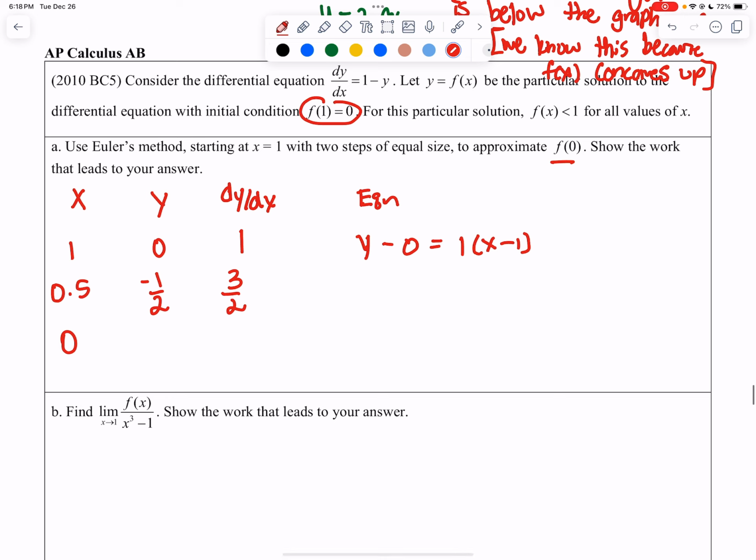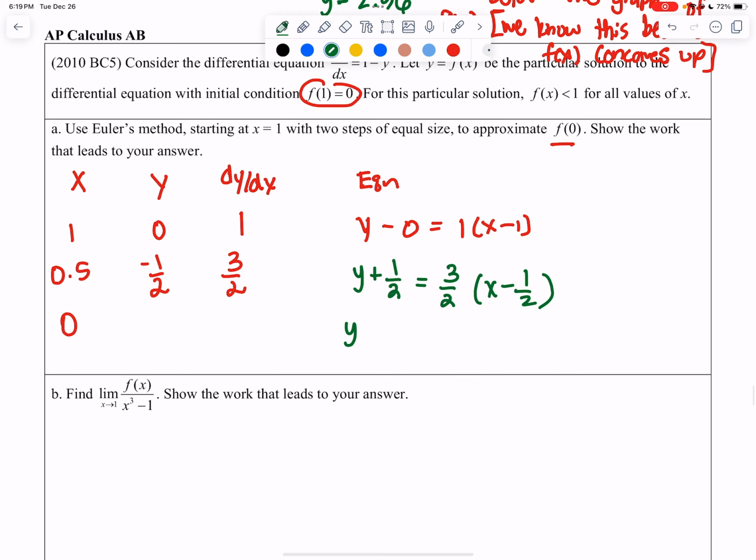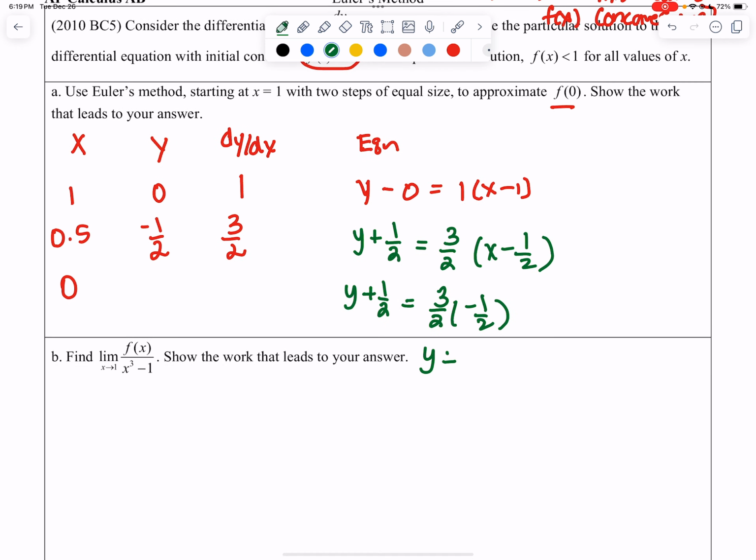So in this case, my equation is going to be y plus 1/2 is equal to 3/2 times x minus 1/2. And then I have 0, so I have y plus 1/2 is equal to 3/2 times negative 1/2, and then solve for y. So y is equal to negative 3/4 minus 1/2.